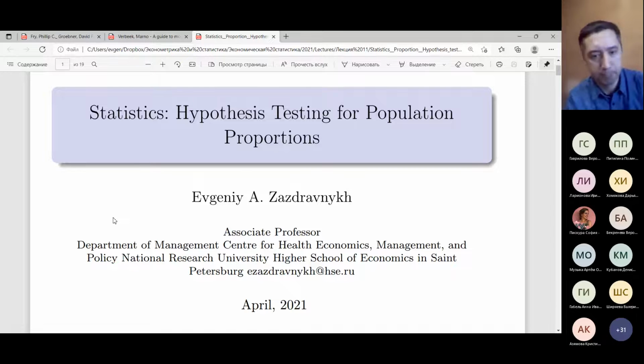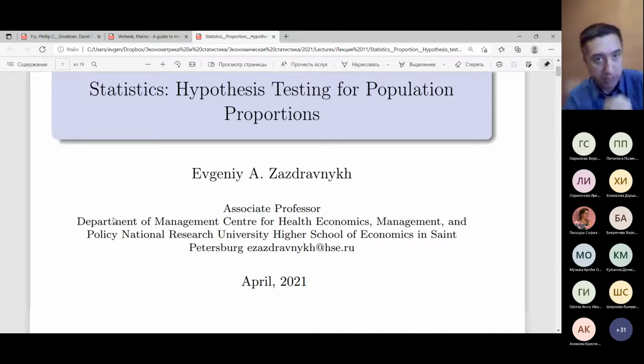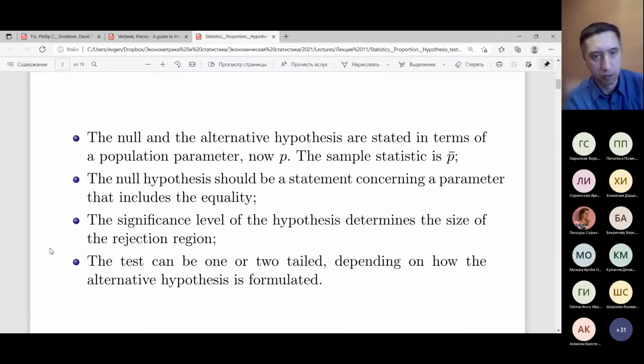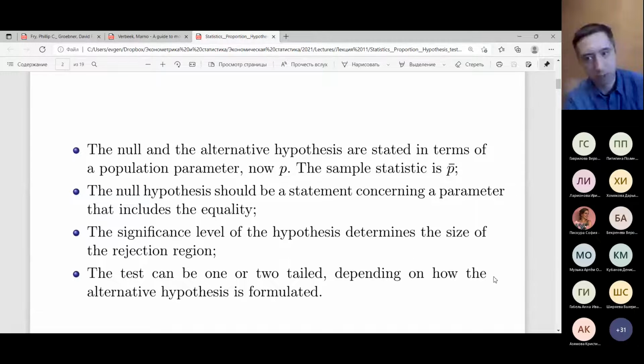First, please remember, when we work with proportions, all of our steps are actually the same. We have to start with the formulation of the null and the alternative hypothesis. And as in previous tasks, we have to deal with a population parameter.